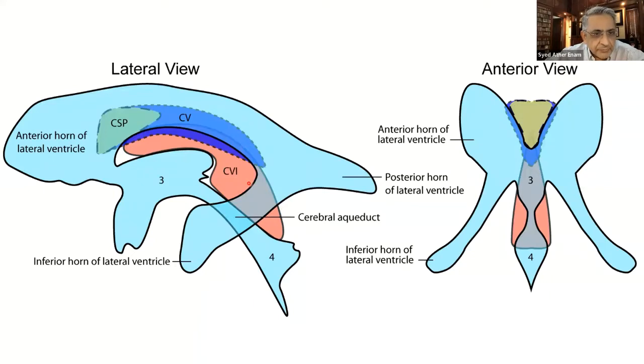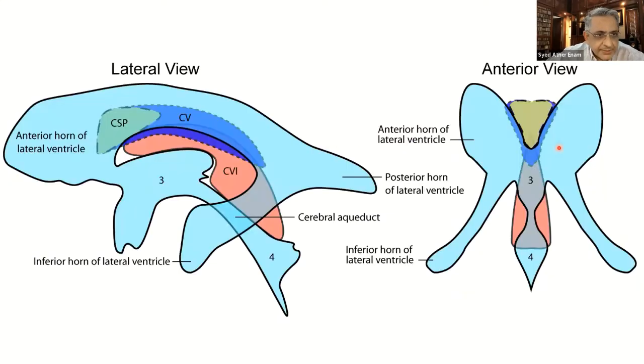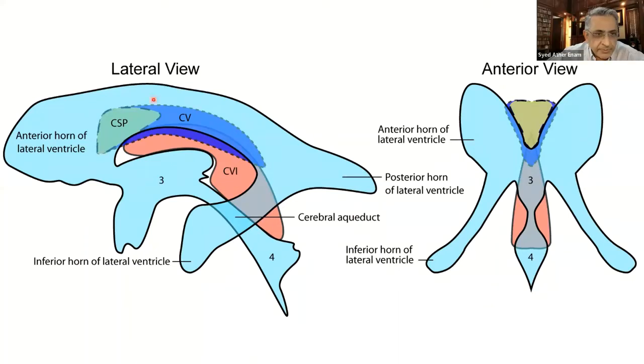But this velum interpositum is an important thing to remember, because remember how the outpouching of these telencephalic vesicles started to come up from here, and then grew and grew like this. And as it grew, it brought with it the corpus callosum, which, by the way, is only present in placental mammals.